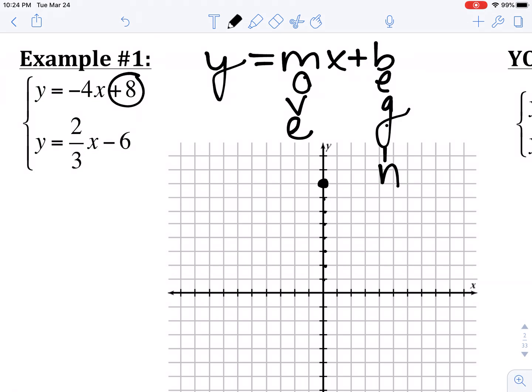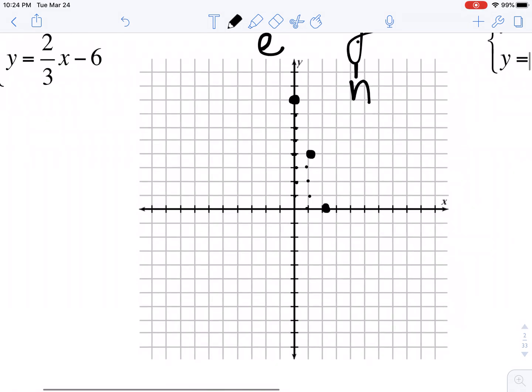And a slope of negative 4, that's going to then be down 4, right 1, down 4, right 1. You're going to want to do this as many times as you can because you don't know where the lines are going to intersect. Okay, if I could have gone in the opposite direction by going up and left, I would have, but I don't have enough room on this coordinate plane. So then I connect. It's not the best line ever. I'll try again.